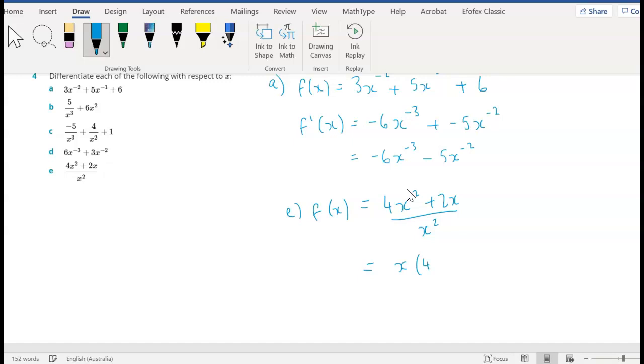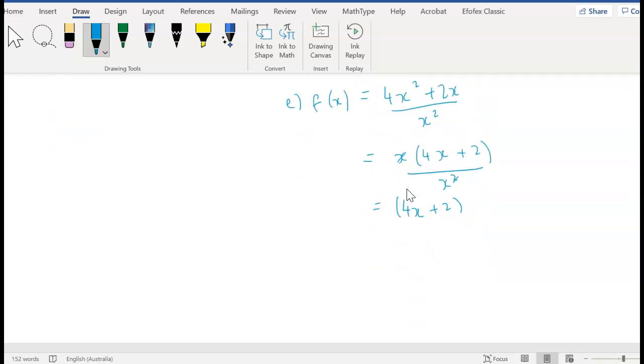So we've got 4x plus 2, over x squared. Now that x will cancel out with one of those x's. Sometimes as I do things like this, I think I probably could have done that an easier way. So that's over x.